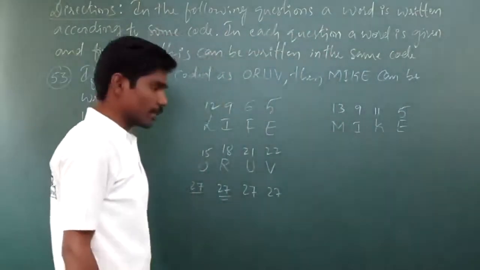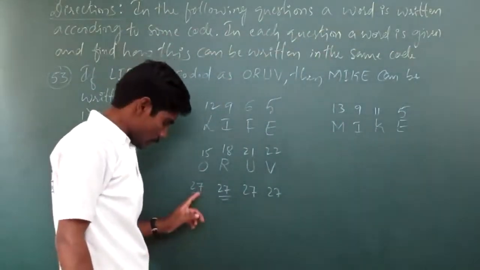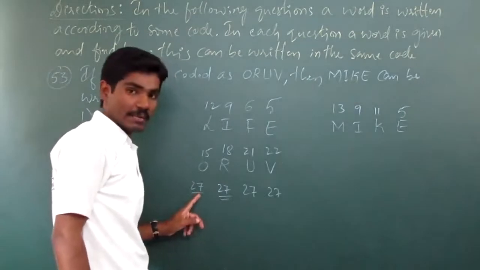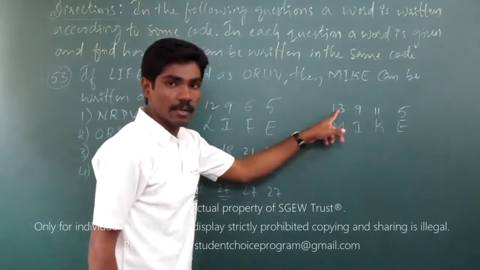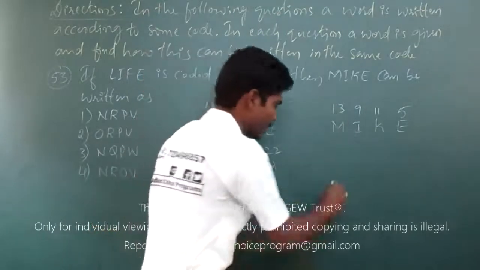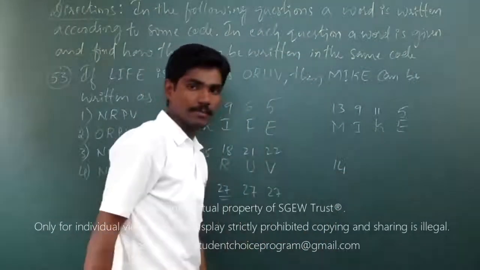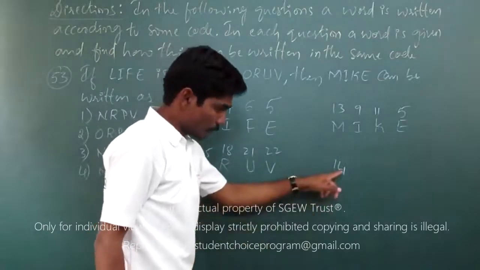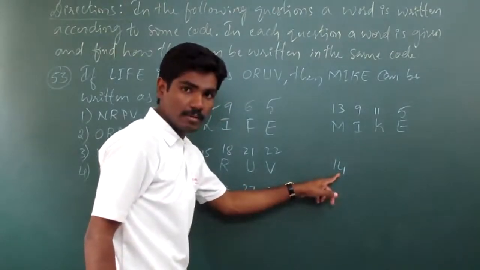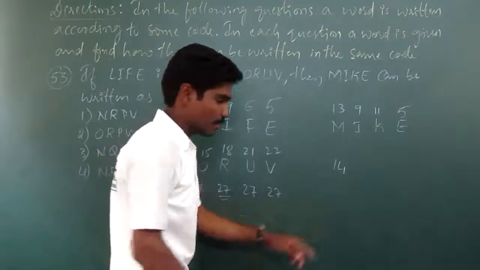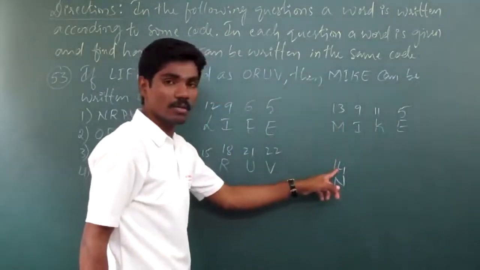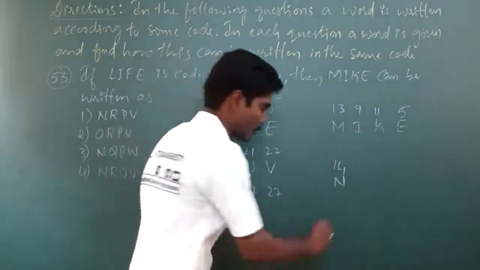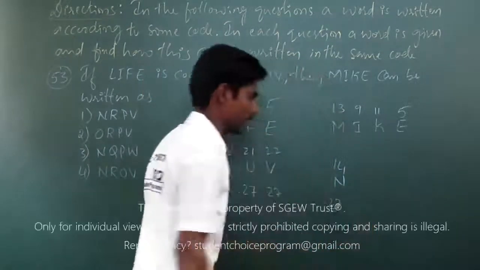Now what I have to do? I have to get the total number as 27. That means if I add 14 to the 13, I will get 27. So I have to add 14, right? Now 14 is the position of which letter? Of course it is N. Now 13 plus 14 is once again 27.